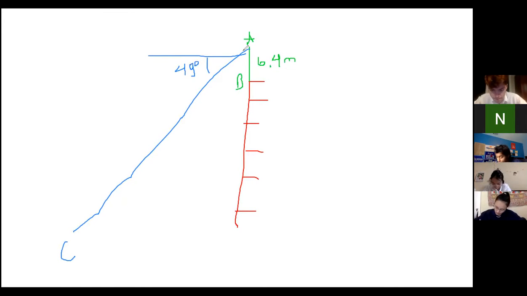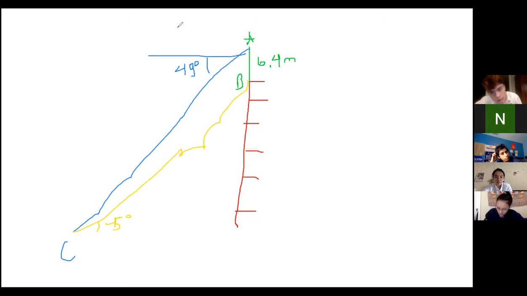And then you have the angle of elevation from C to the top of the building, from C to B. This one is 45 degrees.